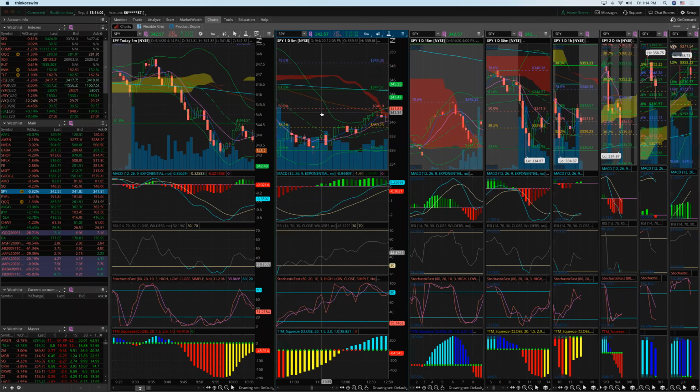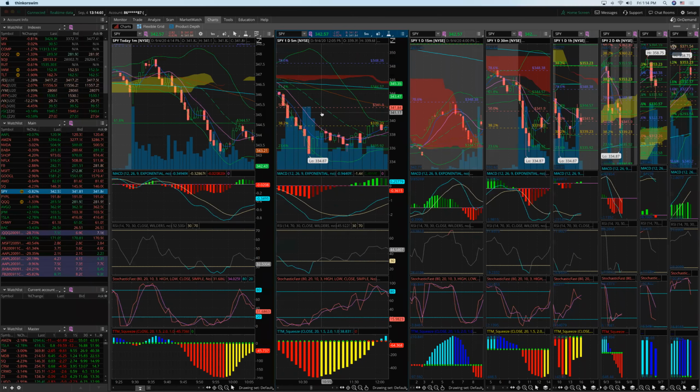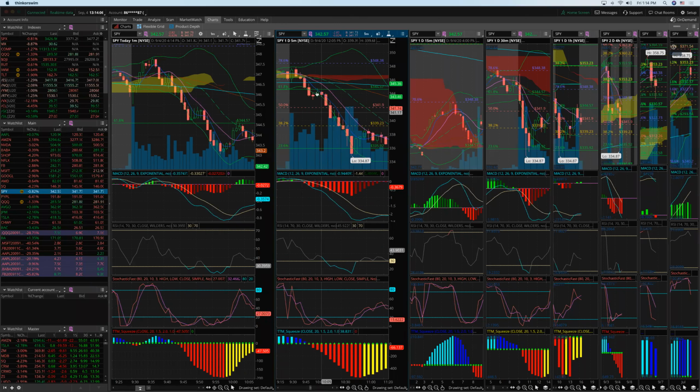What's interesting is I told my previous class, people paid for it, that anytime you see a Fibonacci go below the 61 level, it can go all the way super fast to the 23 level. It came to the level that was yesterday's low of the day, 342 something, and then, boom, it went down and touched 23%, which was 335.